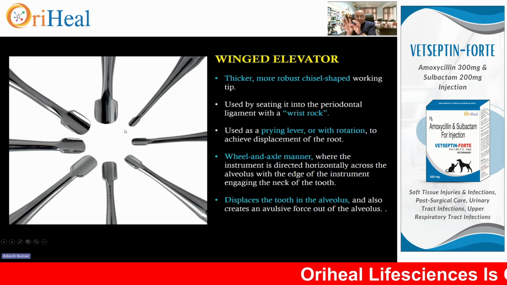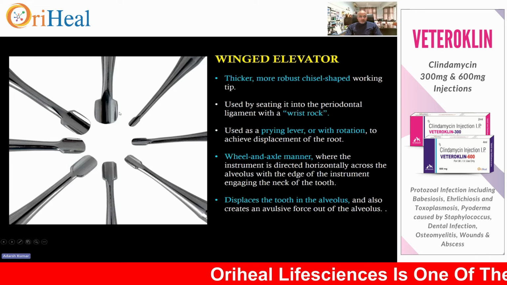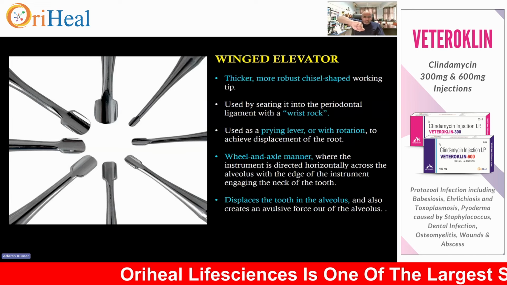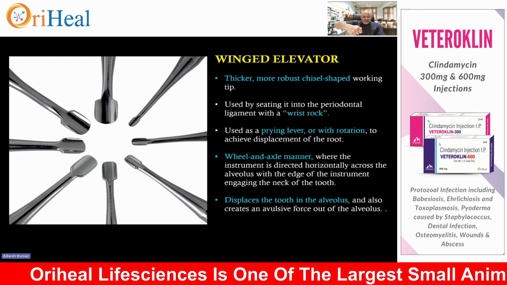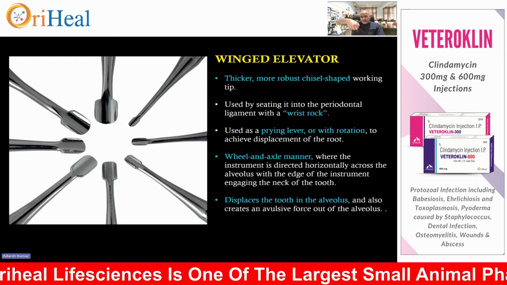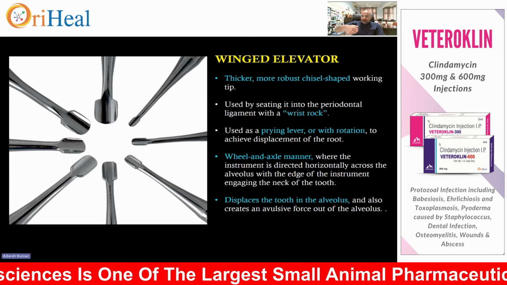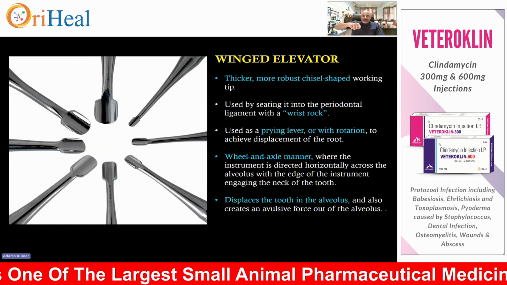Right? So they are thicker, more robust, kind of a chisel shape, and you can wrist it, rock it like this. You can slightly use a prying lever. Prying lever means the way you open a jerry can, but don't give much pressure. The prying lever is not that much indicated, but sometimes it is indicated, but you have to be very, very cautious.